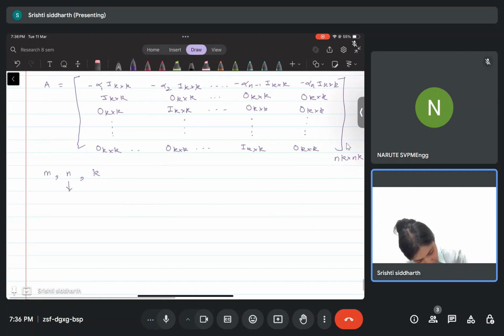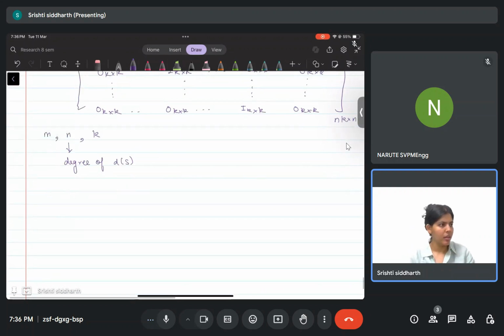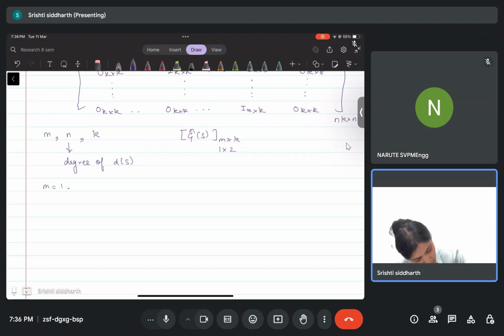We just saw that n was the degree of the denominator polynomial d of s, and k denotes the size of this matrix G hat of s. For our case, we have a row vector, which is 1 by 2. So for us, m is 1, n is 1, and k is 2.